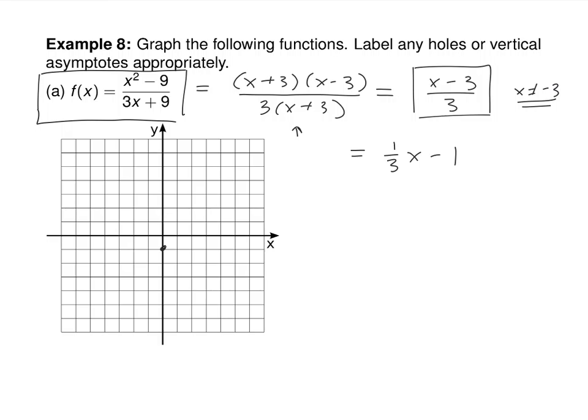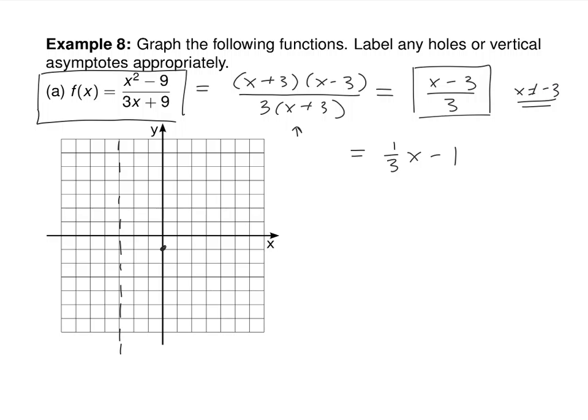And also what I found to be kind of helpful is I told my students to draw in a vertical line at x equals -3. This is not an asymptote, so I'm not trying to confuse you and make you think it is, but when you cross that vertical line, that's the point that you leave out. Other than that one little thing, there's no difference between graphing this and graphing a line with y-intercept -1, slope 1/3.